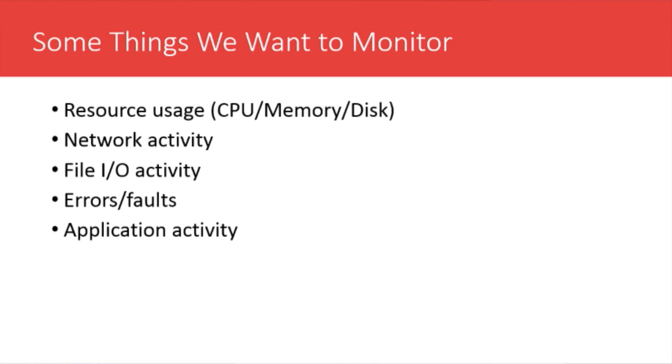Some of the things we would like to monitor. There's, of course, more than this, but for this presentation, I picked the list of things that would be nice to see for containers, and then I try to see what the current solutions are and what the state of the art is for these different groups.